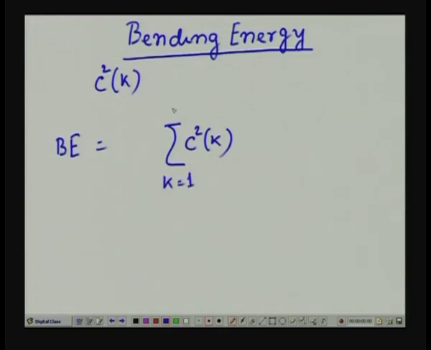So, this will be for k equal to 1 to capital L, if capital L is the total number of boundary points, and I normalize this. So, I have to multiply this measure by 1 by L. So, this becomes my normalized bending energy, and this normalized bending energy, or normally called bending energy, is also a feature or a descriptor of the shape of the region.